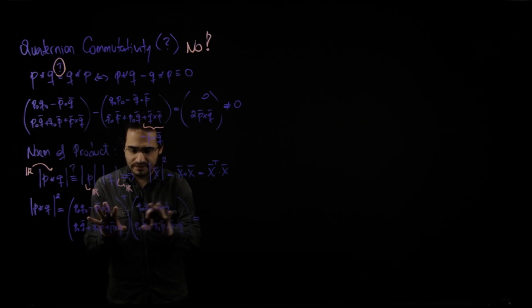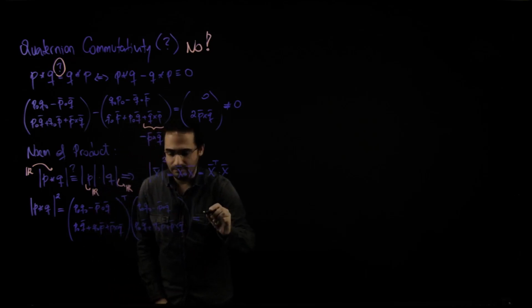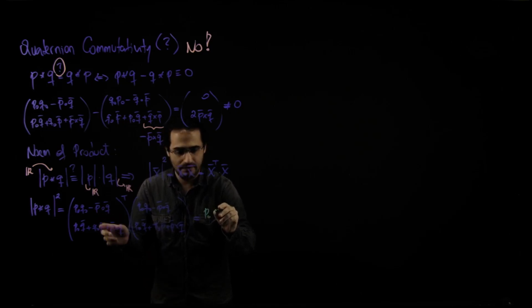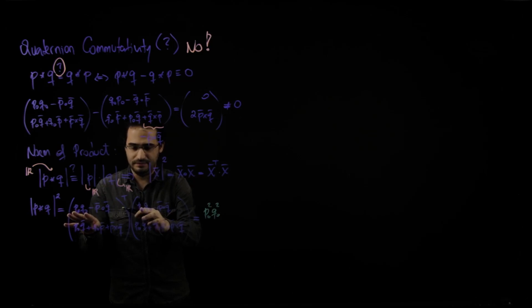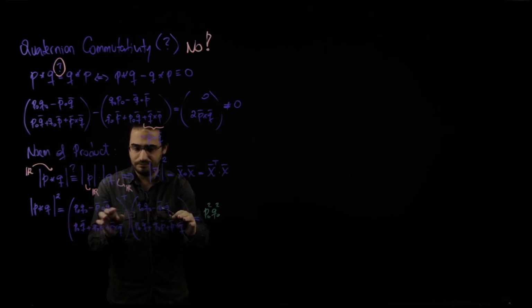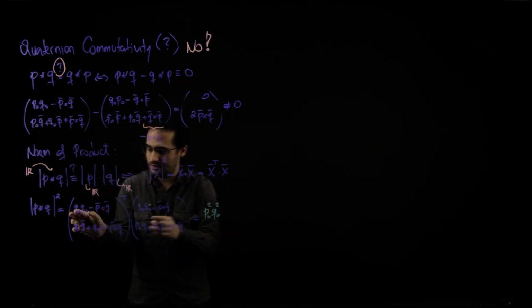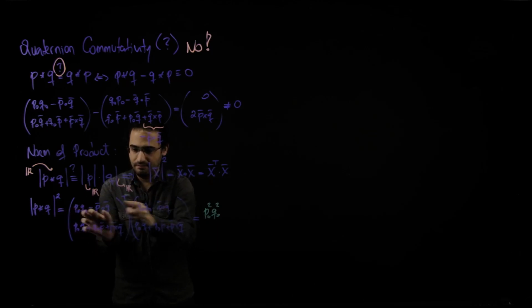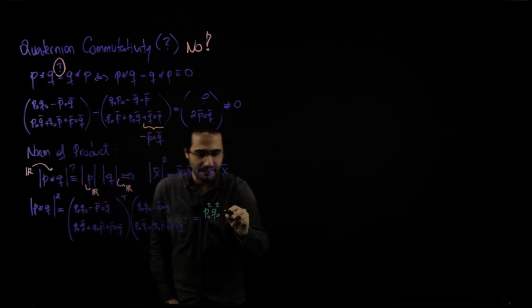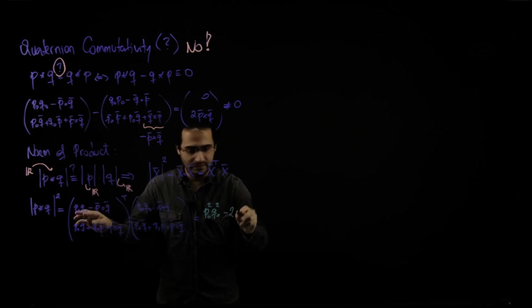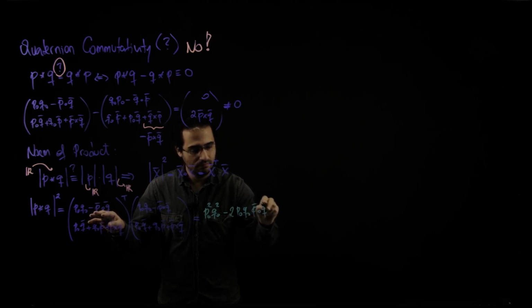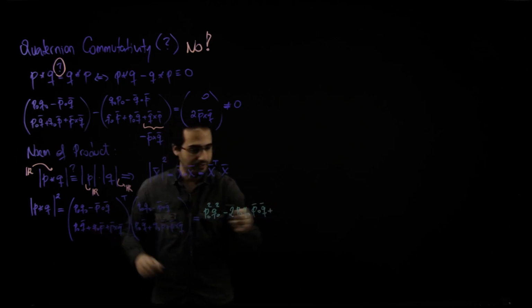So the transpose times this is a number, and then what we will have is a P0 Q0 squared plus, notice that you have this one times this one minus this one times this one, therefore minus 2 times this part, plus this one is squared.